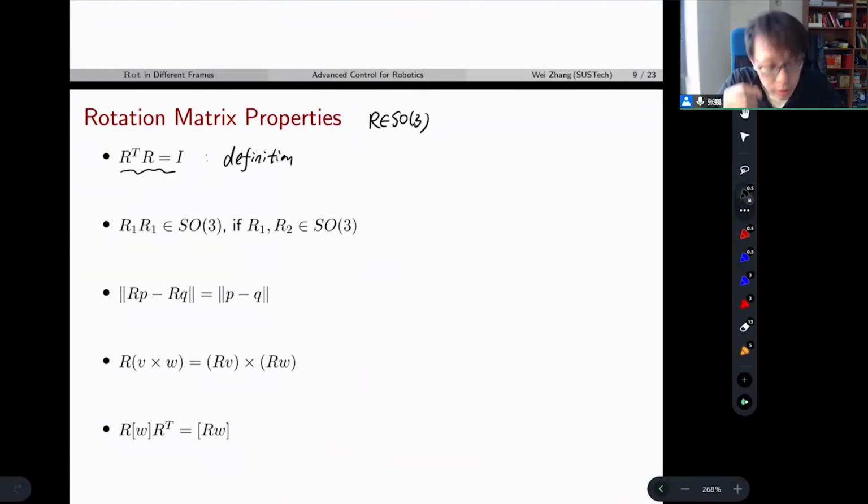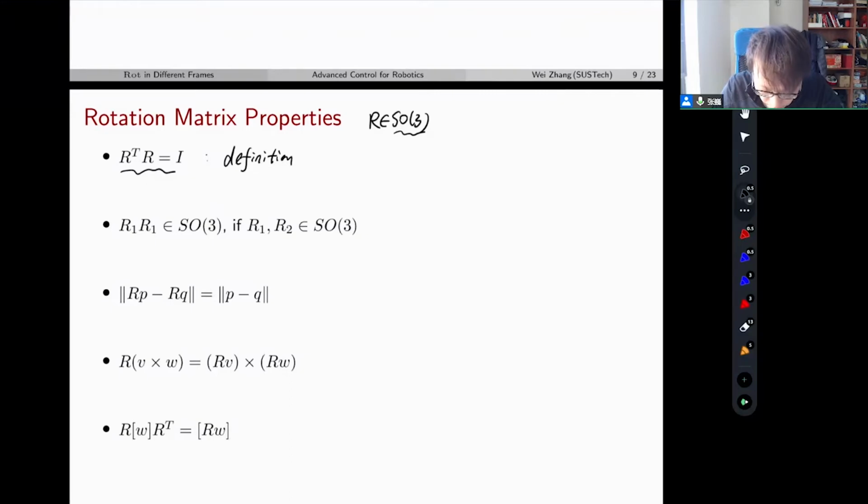We somehow prove it, and this is actually one of the conditions for all the matrices in SO3. Here's a typo. This is R2. So R1 times R2 is also, sorry, this means product.